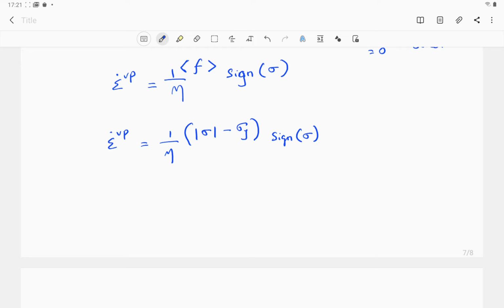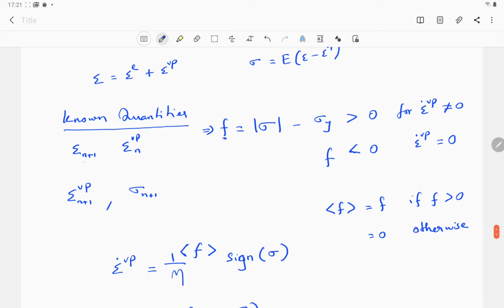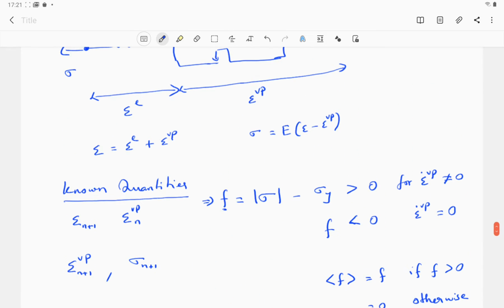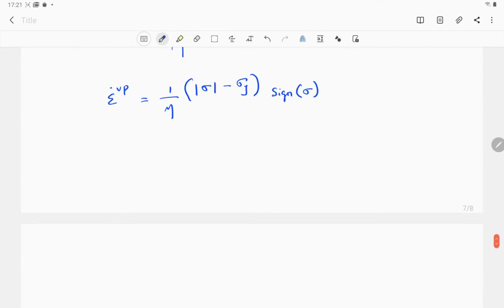Now in order to calculate epsilon dot Vp, I need to know sigma, but I do not know sigma, right? So all I know is this one, at the n plus 1th time step. So what am I going to do? Let me use this equation. Okay, so if I use that equation, then what do I get?